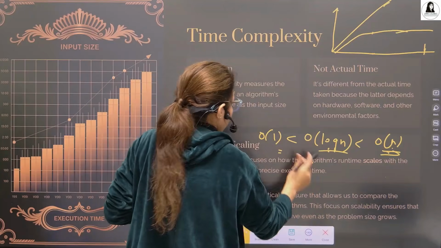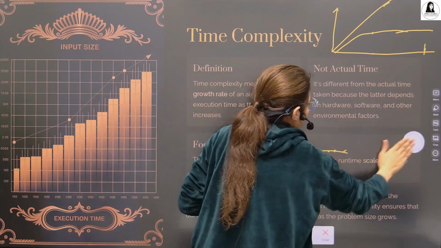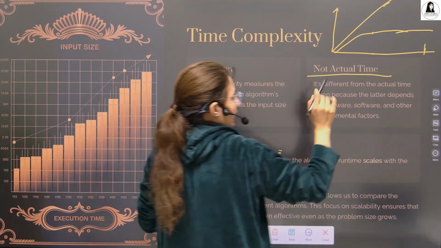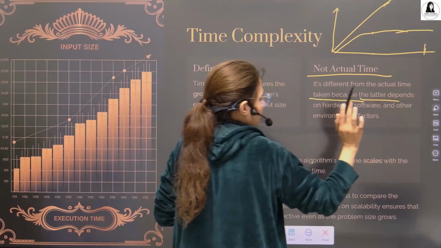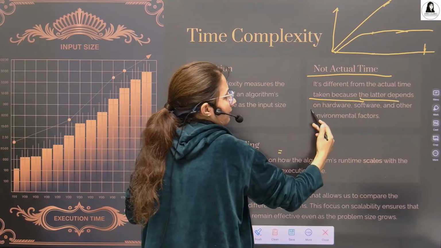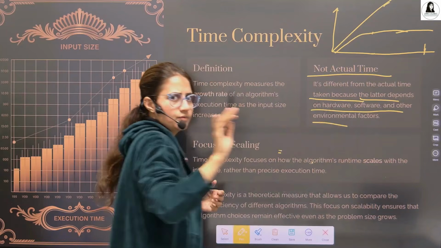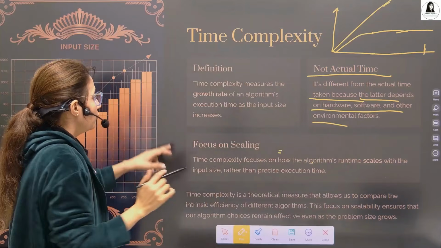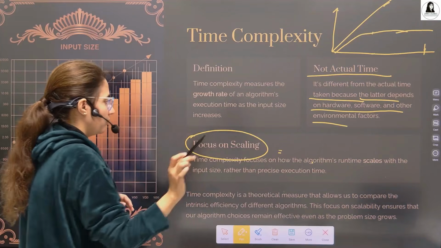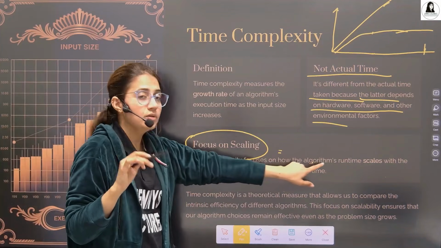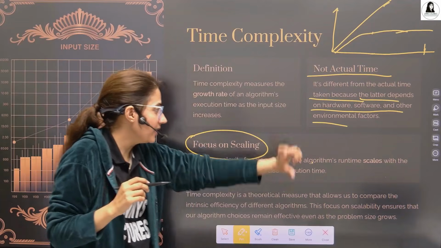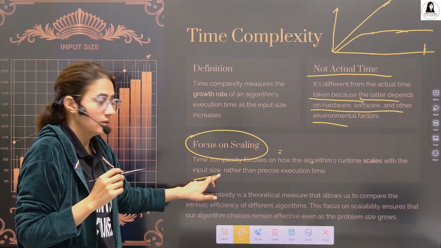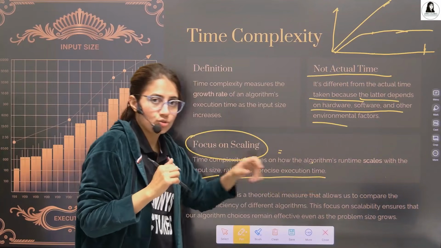Okay. Now, it is not the actual time. It is different from the actual time taken, because the actual time taken depends on the hardware, software, and some other factors as well. So, focus on scaling. Scalability is important. Time complexity focuses on how the algorithm's runtime scales with the input size rather than precise execution time.